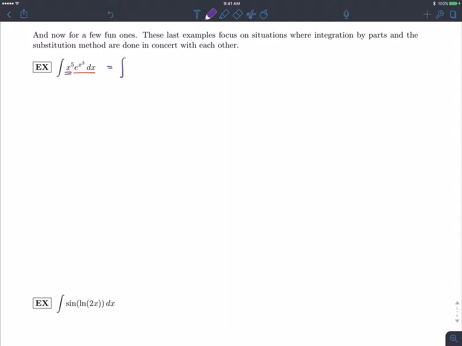So we're going to break up that x to the fifth. So if we were to call this x cubed times x squared times e to the x cubed dx, I haven't done anything except split up the x to the fifth into x cubed times x squared.